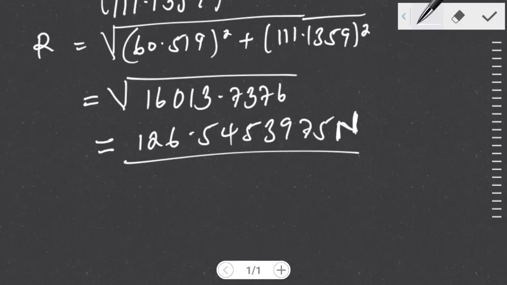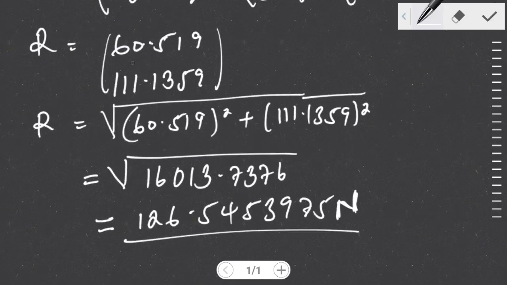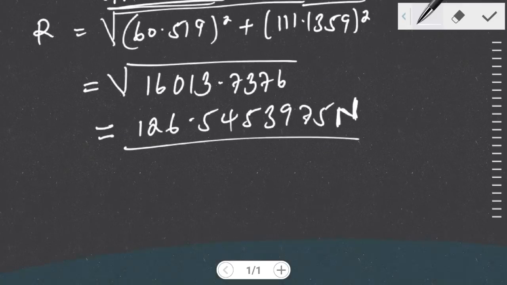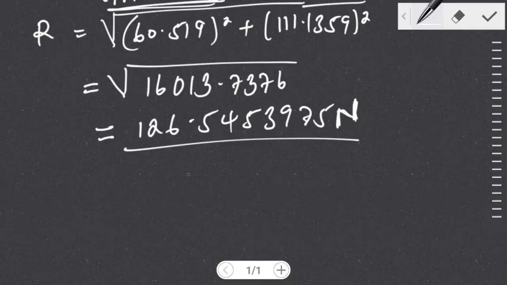To get the direction, I consider the direction of motion based on this. Both are moving to the positive. That means that I'm having one on the y-axis and one on the x-axis.